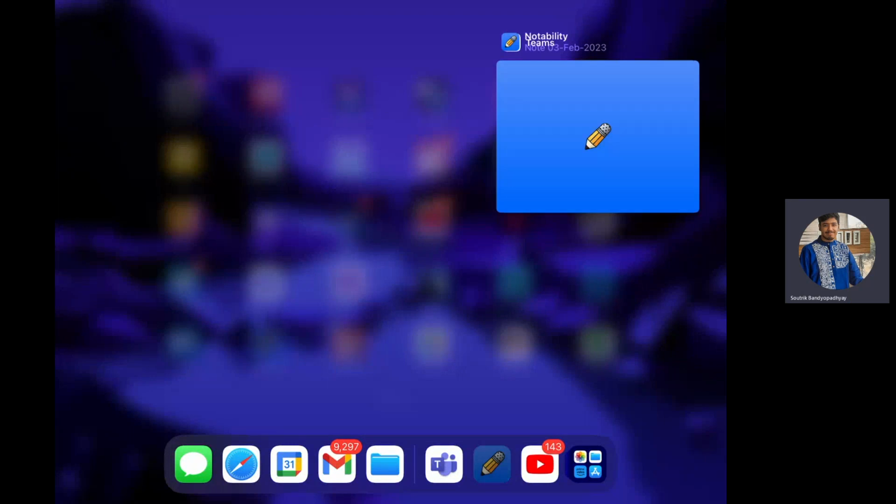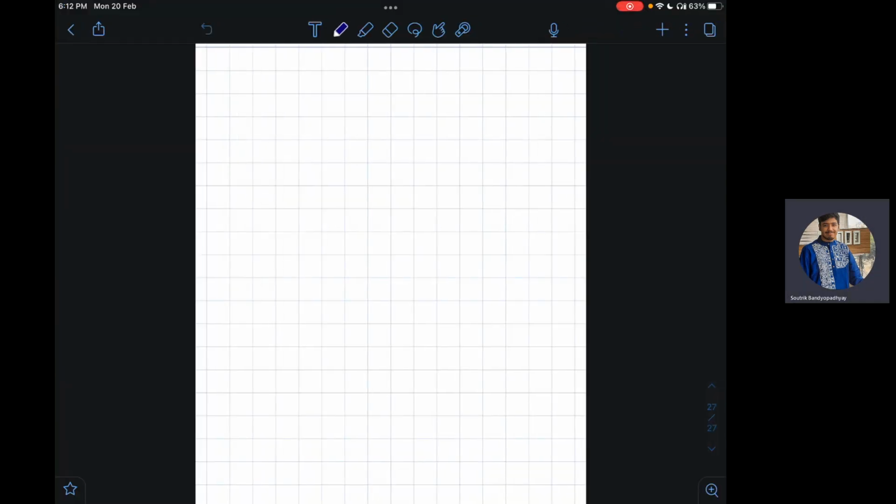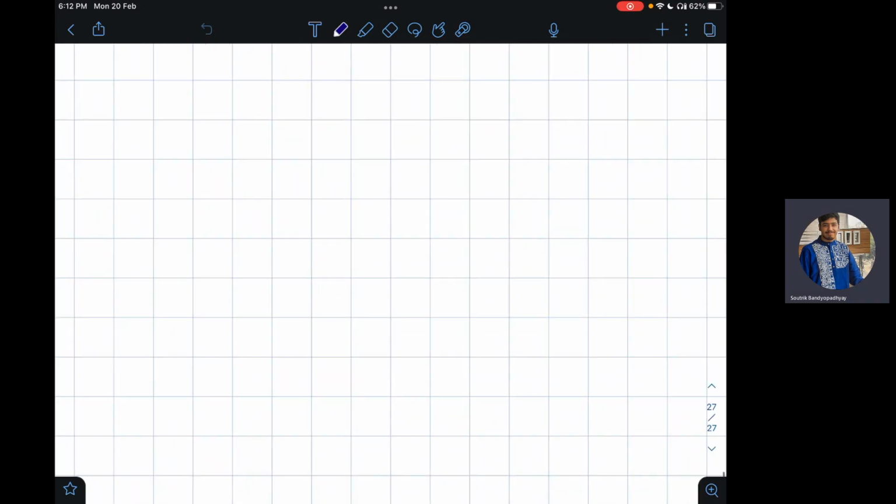So as you can see my screen, we would be talking about projection operator specifically because it is widely used in the adaptive control literature, the concept of projection operator.